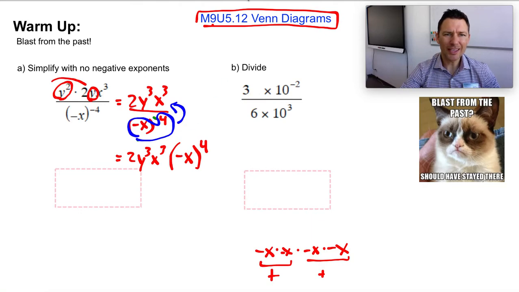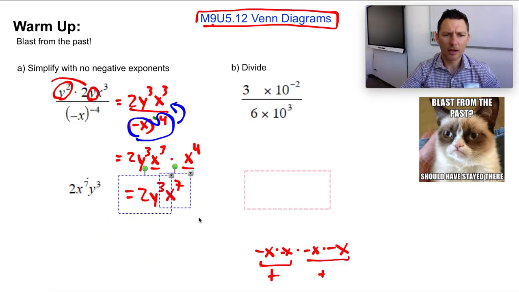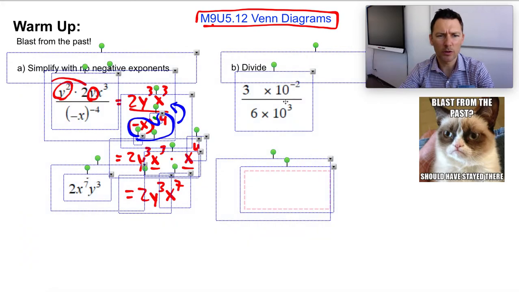So essentially, this doesn't matter anymore, right? And really, you can think about this piece as just x to the fourth. A positive x to the fourth. So now we've got 3 sets of y's, 3 more x's and 4 x's, so x to the 7th. Cool? Bing! Great.